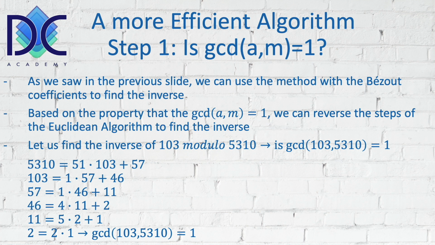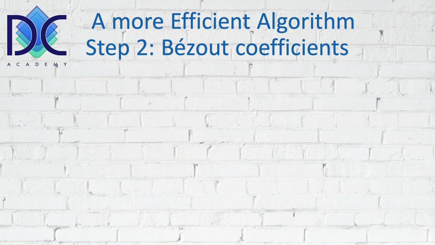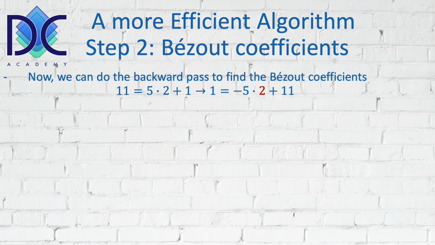So the first step is, okay, we find that the GCD of those two numbers is equal to 1. Now what we're going to do is find the Bezout coefficients. Now we can do the backward pass, and when you have written down the elements, you can find it quite easily, because the first equation said that 11 is 5 times 2 plus 1.